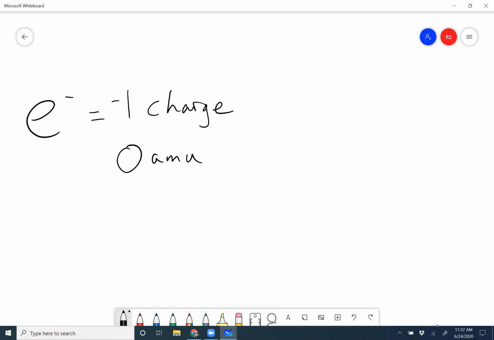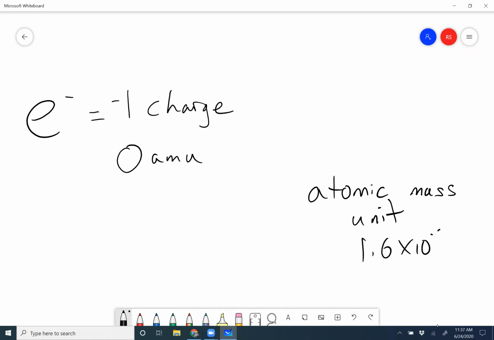Now, what is an AMU? An AMU is an atomic mass unit, and it's an actual mass. It's just extremely small. It's 1.6 times 10 to the -24th grams.